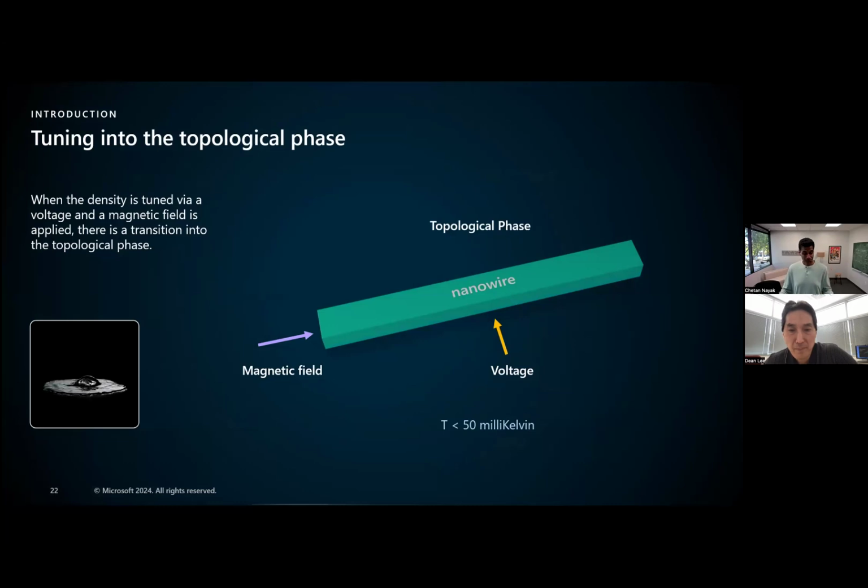Just like liquid freezes to ice or vice versa, there's a transition here from an ordinary superconducting phase to what's called a topological superconducting phase. Okay? And that topological superconducting phase that we have at higher values of the magnetic field when the voltage is just right, in many ways, that's like the ice cube to the liquid of the ordinary superconductor.